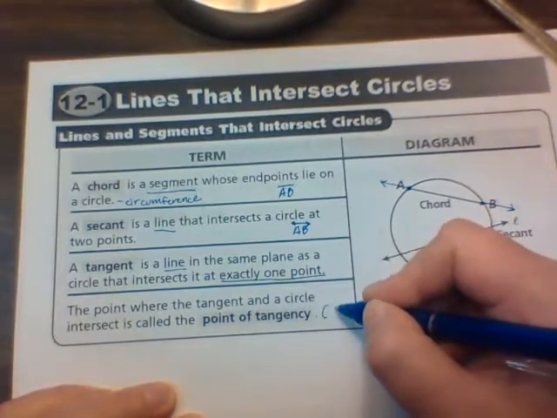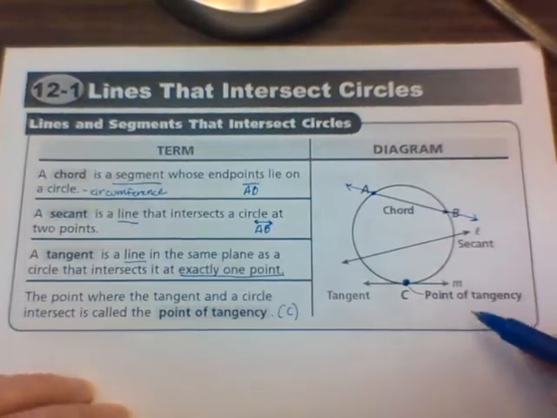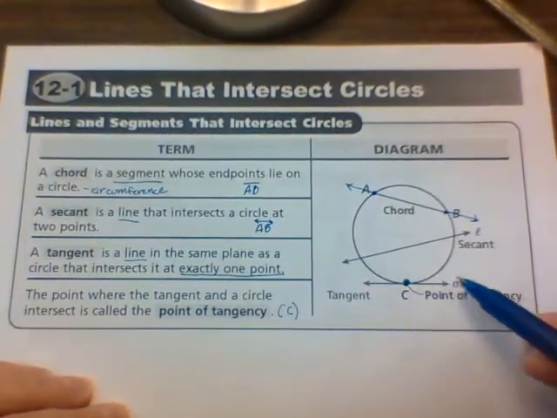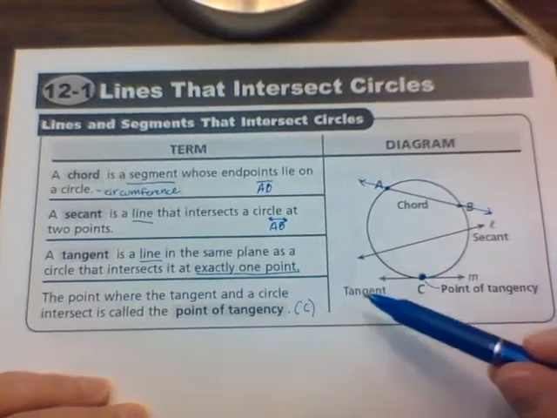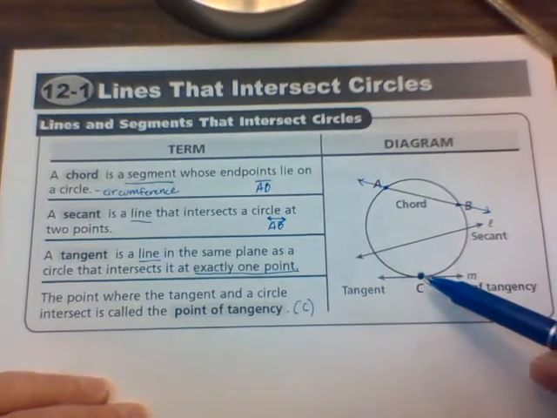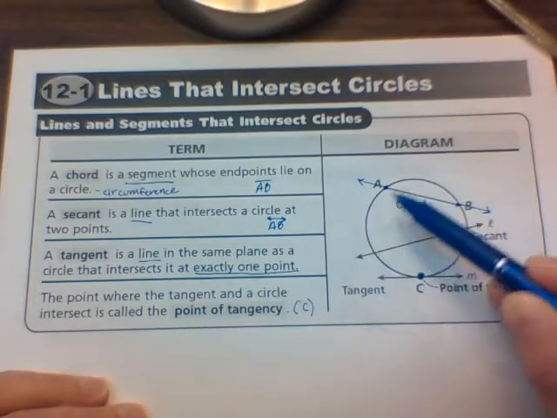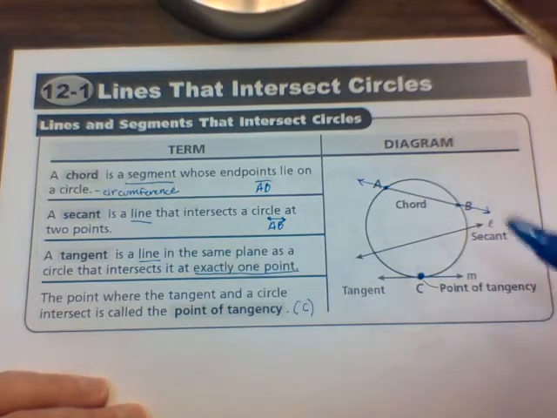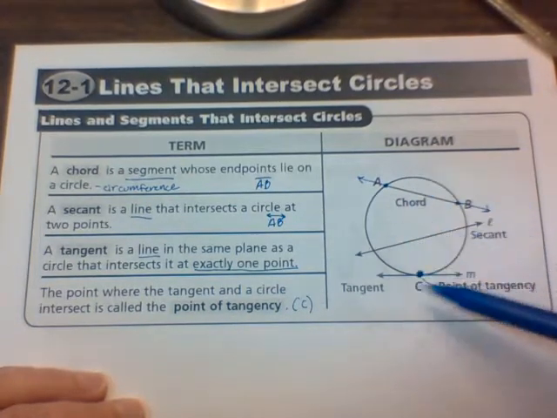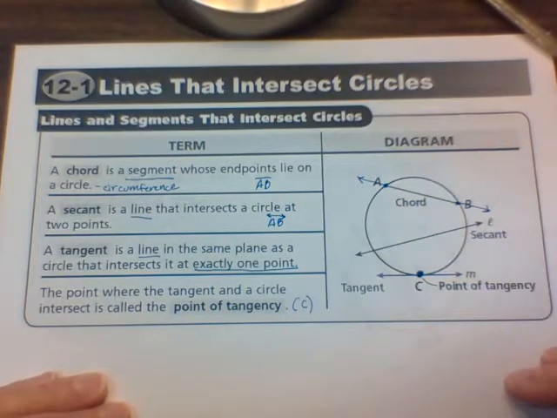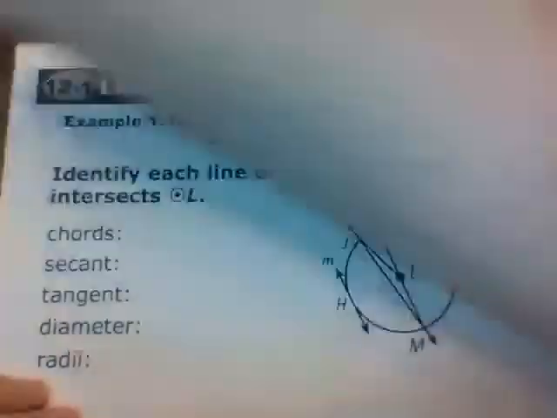And so in this case, C is the point of tangency. And of course, we can make a line M in this case, or whatever letters could be on it. But the idea is that the tangent is a line that intersects the circle at exactly 1 point, doesn't go through it like chords and secants, and then it kind of just bounces back off. And it intersects it at this point of tangency. So those are some of the pieces. Again, we sort of saw chord in the project, but here we go.